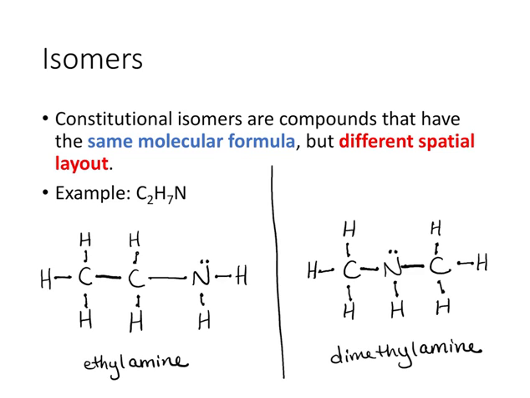So we have dispersion forces, dipole interactions, and then we have hydrogen bonding. Now, just a quick review of hydrogen bonding. A hydrogen bond is an interaction that occurs between a hydrogen and 2 electronegative atoms.